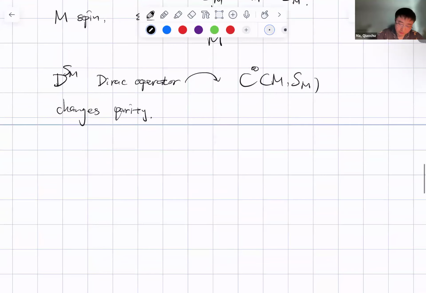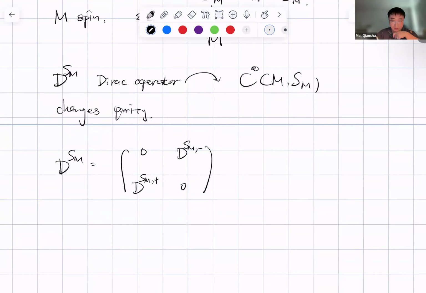We can write it in matrix form. It maps the positive part S_M^+ to the negative part S_M^-, and the negative part to the positive part.